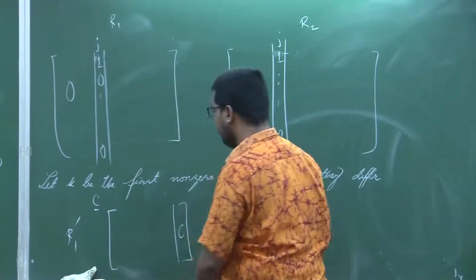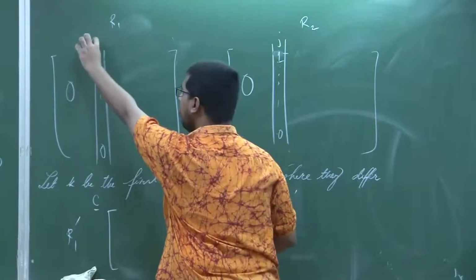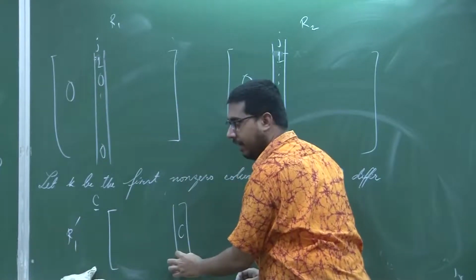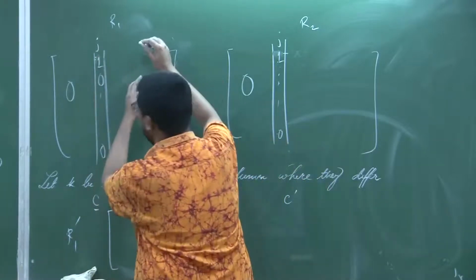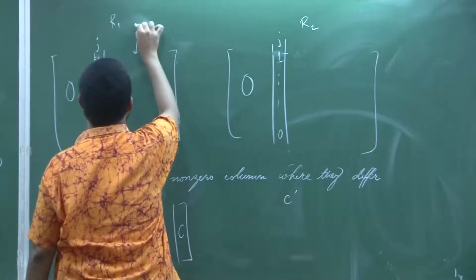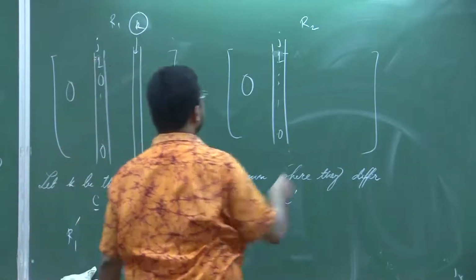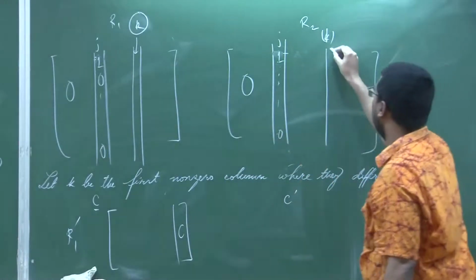So, I repeat, C is the kth column of R1. We put the kth column as the last column of R1 dash, and to the left of that we will pick up all the columns. Suppose this is k, the kth column where the disagreement happens.